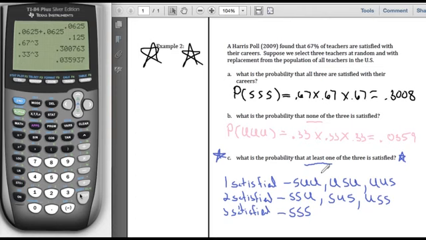There is a slightly quicker method, and that is to use the complement. The only other possibility we have, 0 satisfied. All three U's. And I've already calculated that probability. The probability of UUU is 0.0359.